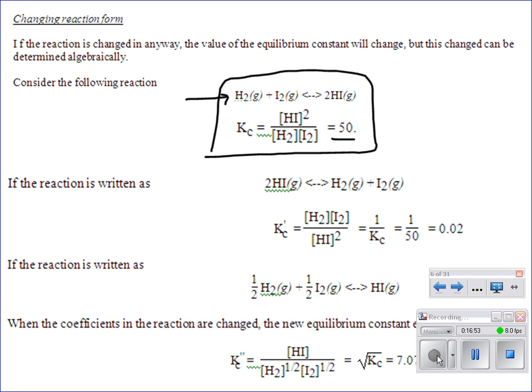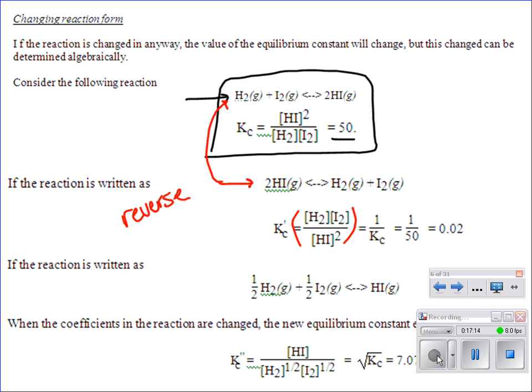For instance, look at this equation right here. How does that differ from that? What did they do to this equation compared to the above one? It's reversed, right? So if we reverse the equation, think about what this is. It's products over reactants.